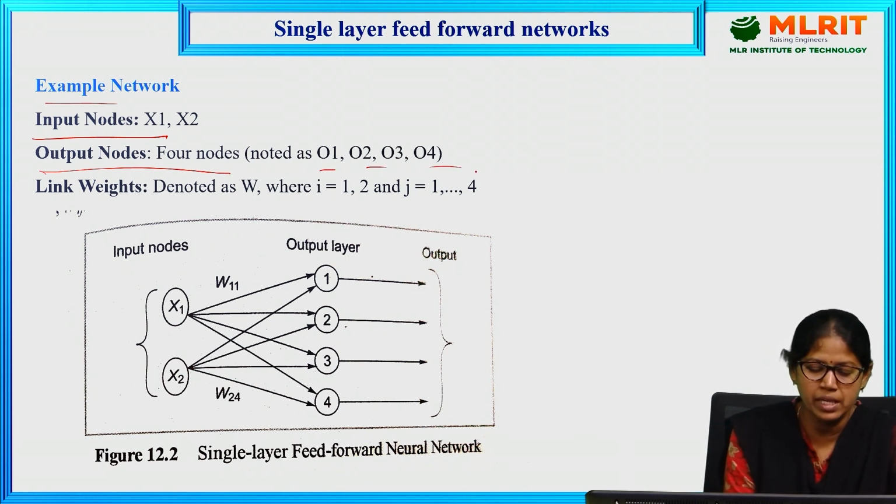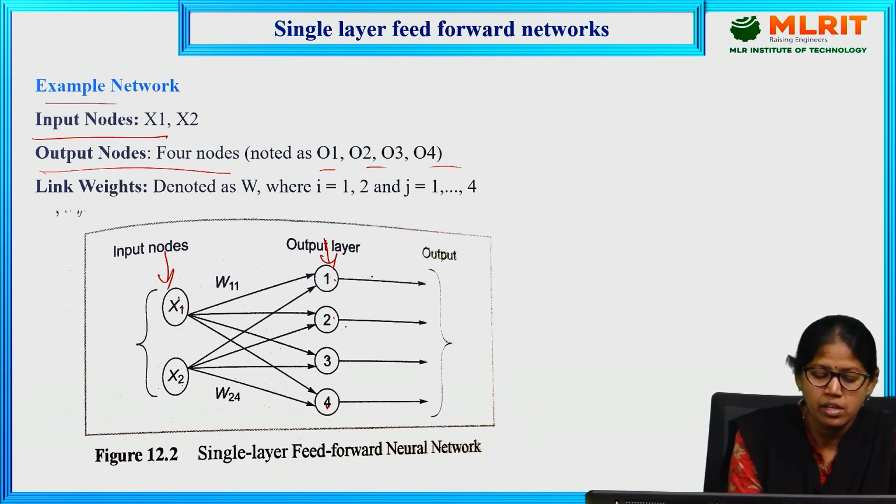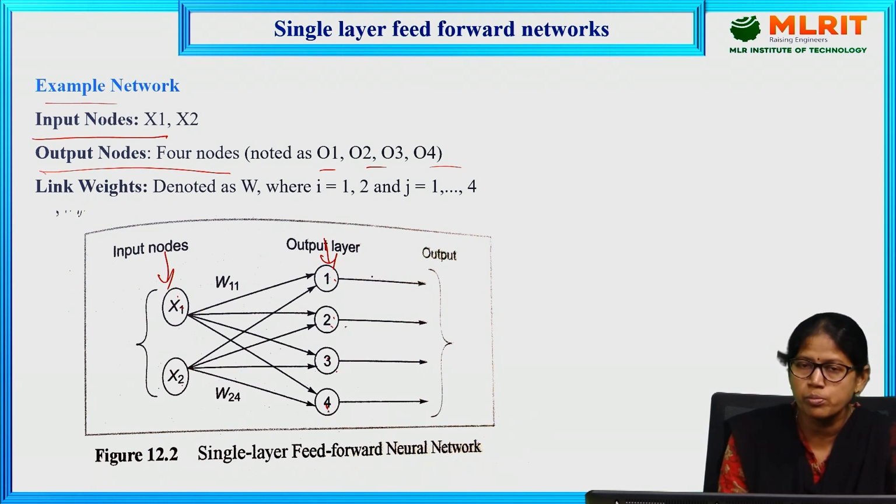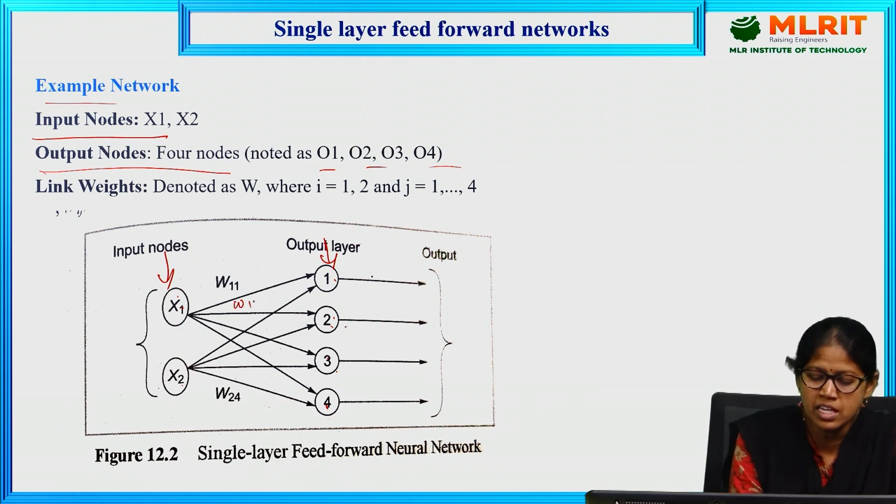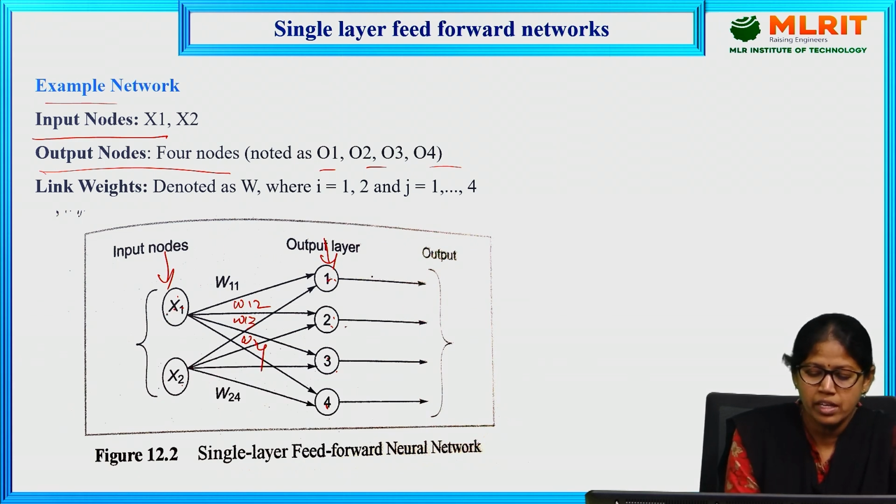The structure will be like this: x1 and x2 form the input layer, and O1, O2, O3, O4 form the output layer. Each input is connected to each and every output node. x1 connects to O1, O2, O3 and O4, and each link has an associated weight. In a similar way, x2 connects to O1, O2, O3 and O4.